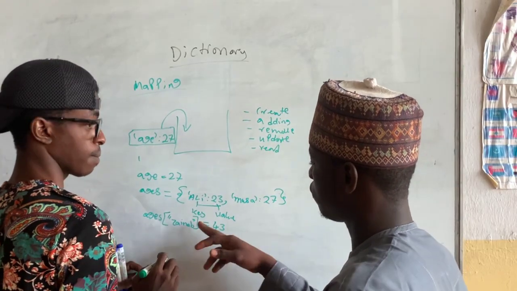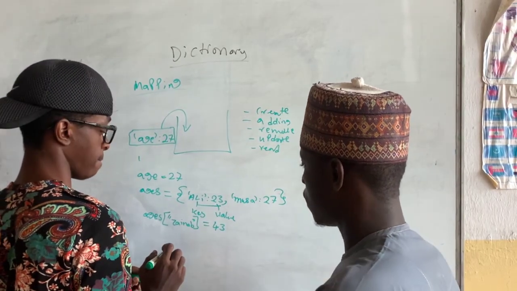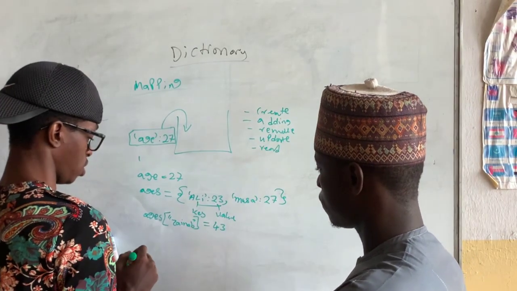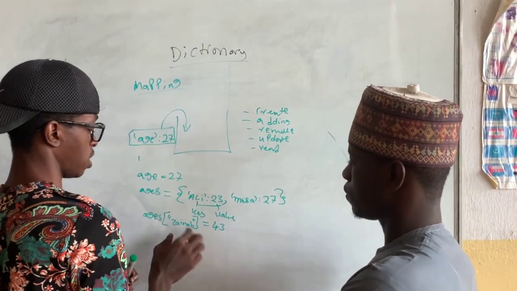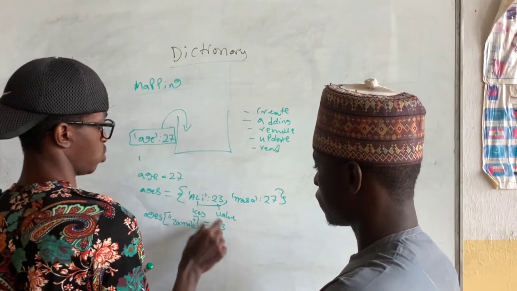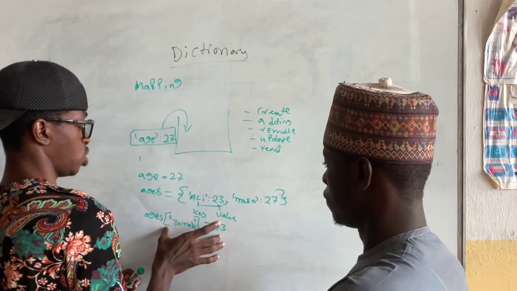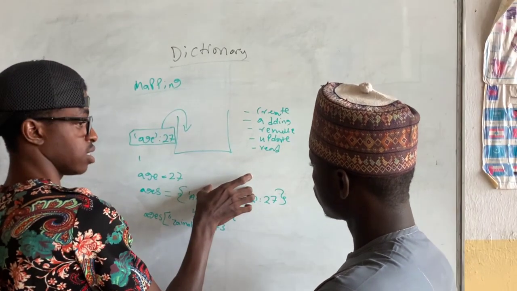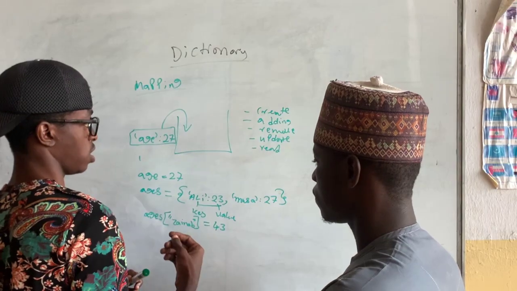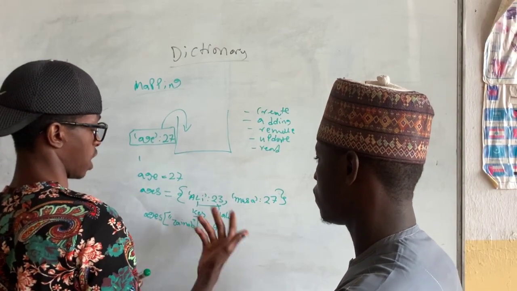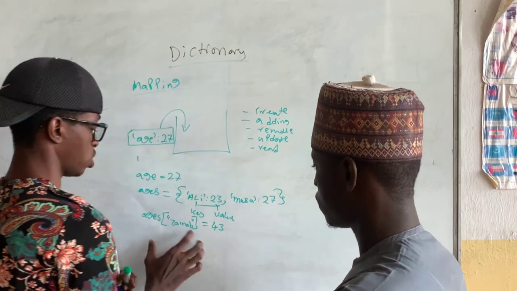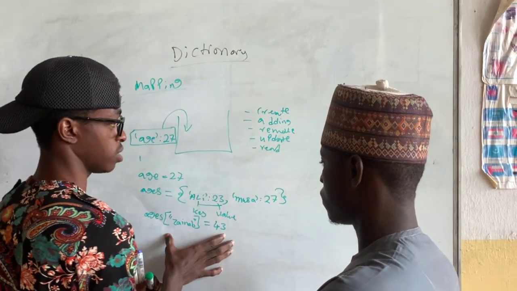You cannot add the value inside the square brackets, you just put equal to 43. So now I say ages, my basket, then I put a new key and I give it a value. This is how I add an element to the dictionary. I think there are methods we can use, but I can't remember the method. When you go back to the practical, you're going to see it. So this is how we add elements.